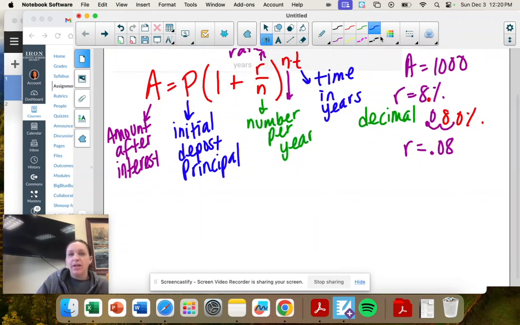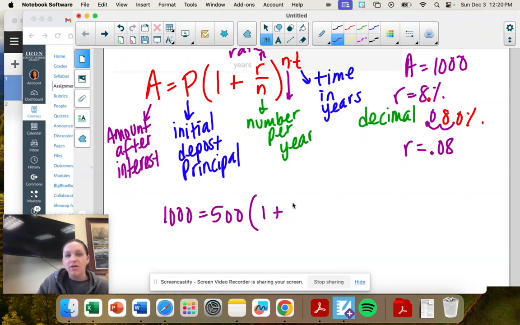So I'm going to plug everything into our equation. A is 1,000. P is 500. 1 plus r is 0.08. n is 2. And then 2 times t.